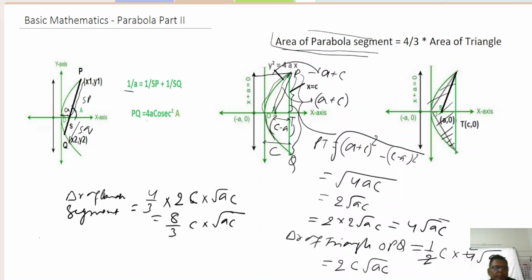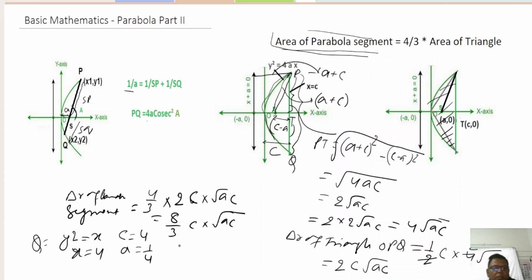Now a question. Suppose y square is equal to x, with the parabola surrounded by the line x is equal to 4. Then c is equal to 4, a is equal to 1 by 4.